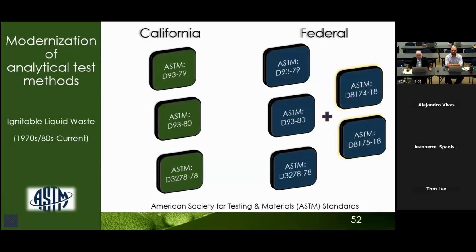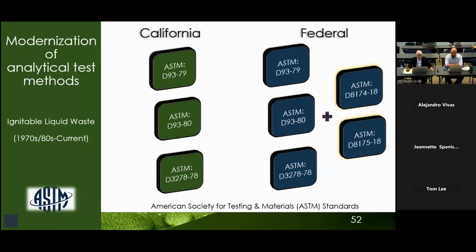Federal regulations, on the other hand, now include these three older test methods plus two newer ones, which are shown in blue here. In summary, the federal regulations now allow five test methods, three old and two new test methods, while California is still sticking with the original three from the 1970s and 80s.